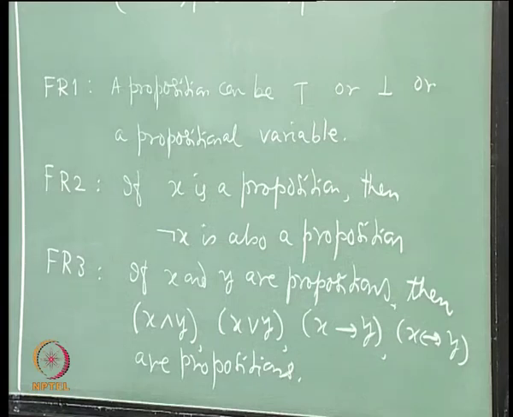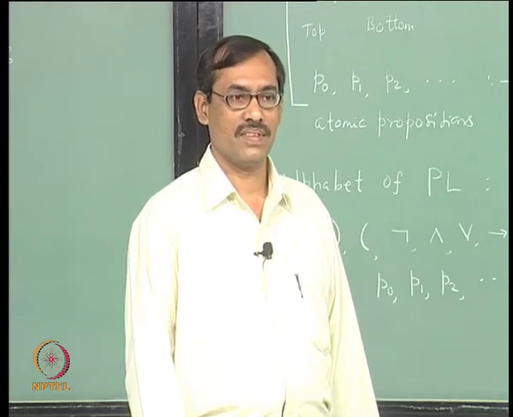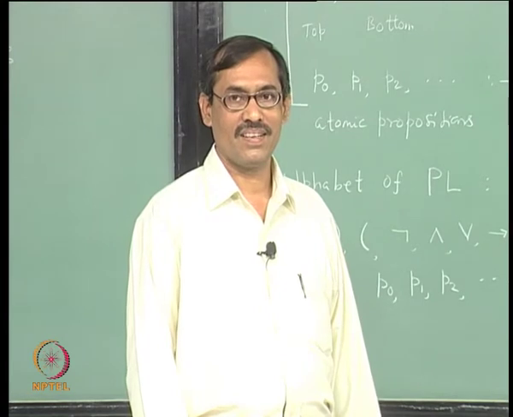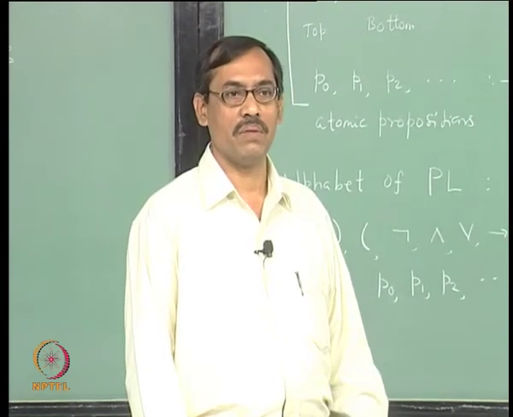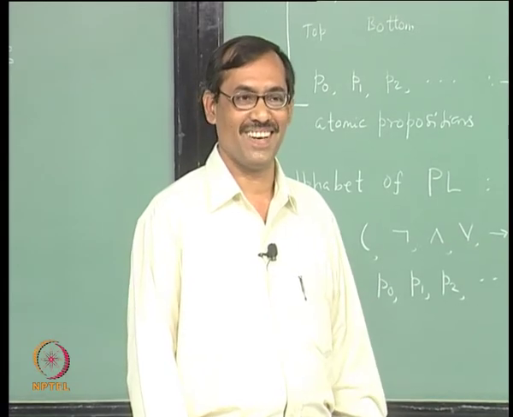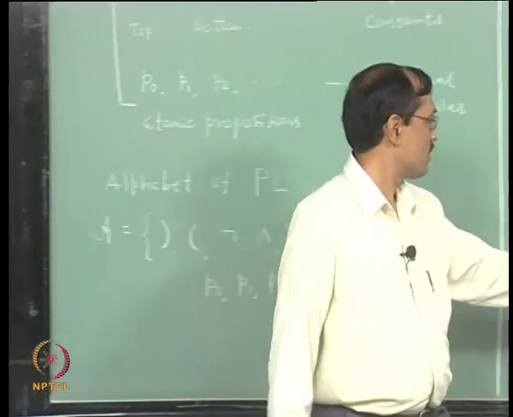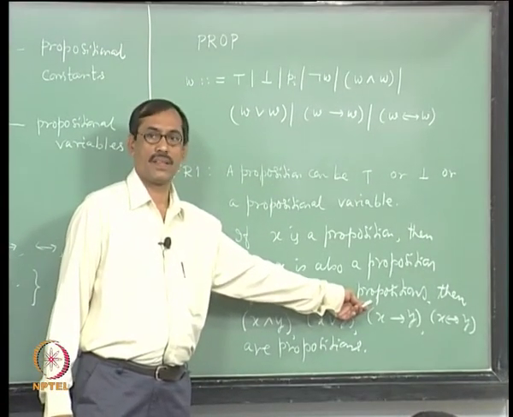But the definition is in a sense recursive, like your definition of the factorial function, not as a product from 1 to n, but n factorial equals n times (n minus 1) factorial, because it uses the word proposition again.